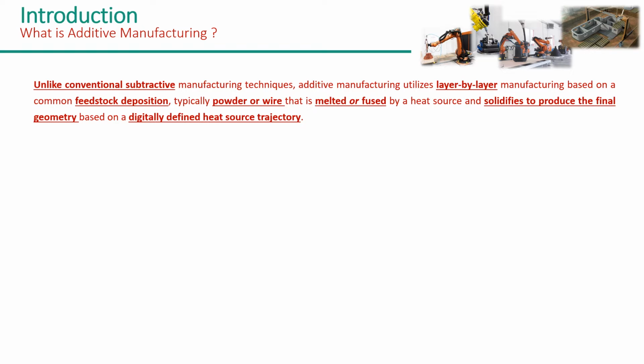When it interacts with the energy source, whether it is a laser, electron beam or electric arc, it is melted and deposited on the substrate layer by layer, and builds the component with the desired geometry, which is governed by a digitally defined heat source trajectory. So this is the general definition of additive manufacturing.